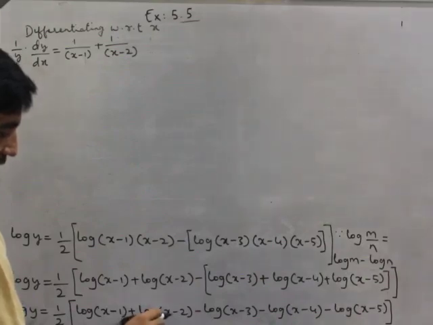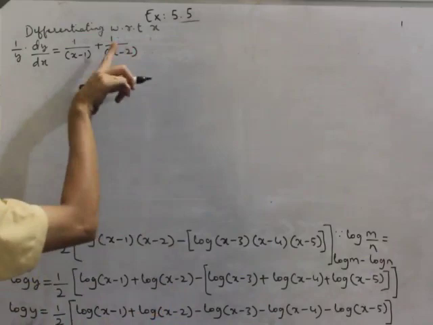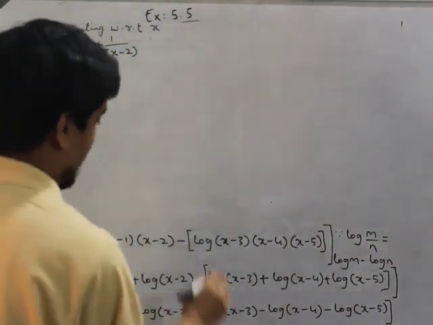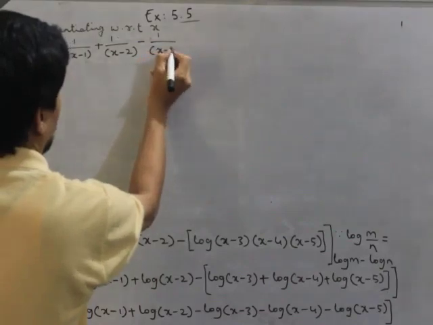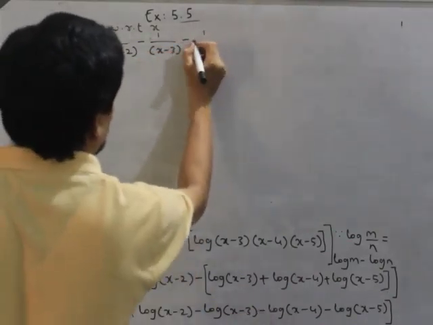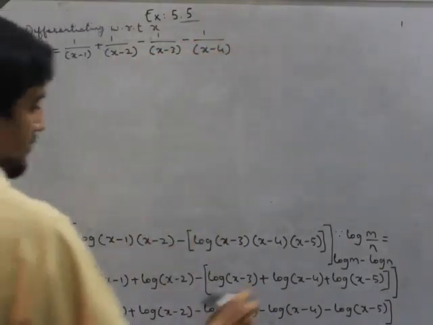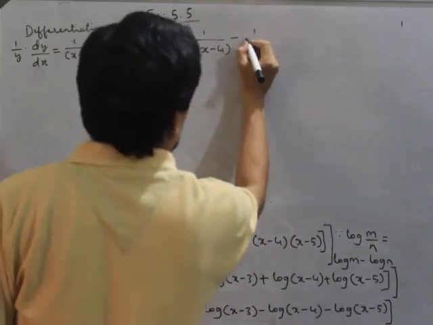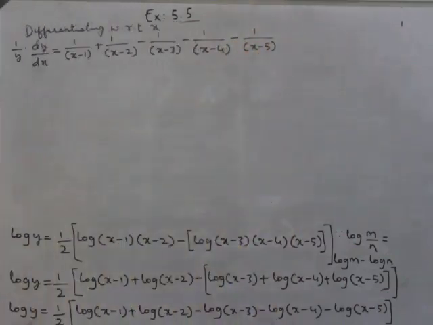Differentiation of x is 1, differentiation of minus 2 will be 0. So this will remain the same. Here minus 1 by x minus 3, here it will be minus 1 by x minus 4, minus 1 by x minus 5.